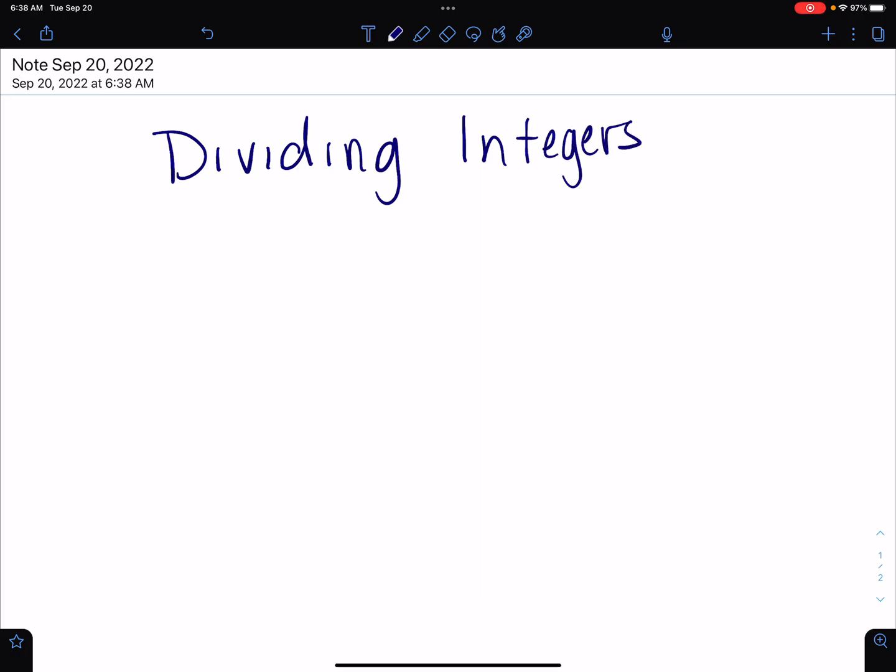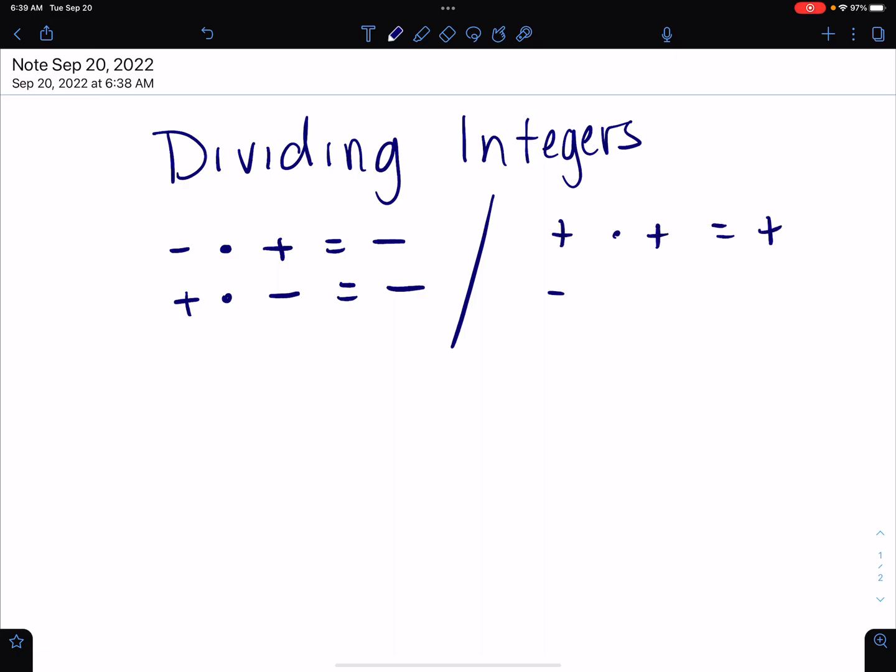This is just like multiplying integers. When you have a negative times a positive, it becomes a negative. If you have a positive times a negative, it becomes a negative. But if you have a positive times a positive, it's positive. A negative times a negative, it's a positive.